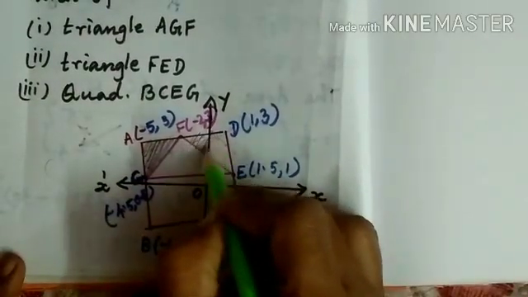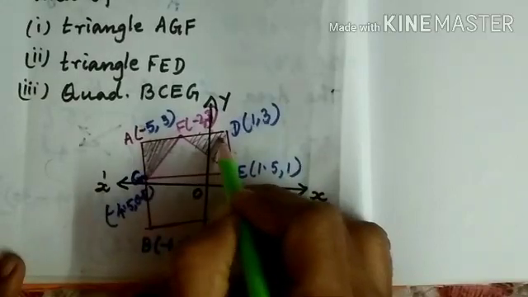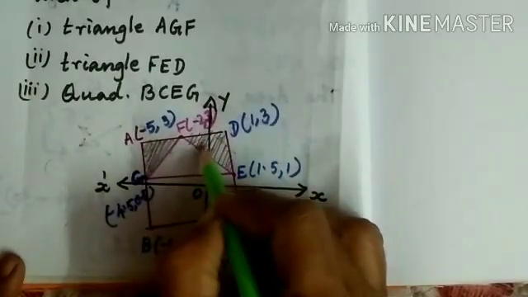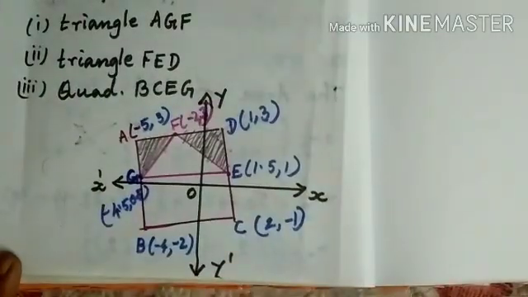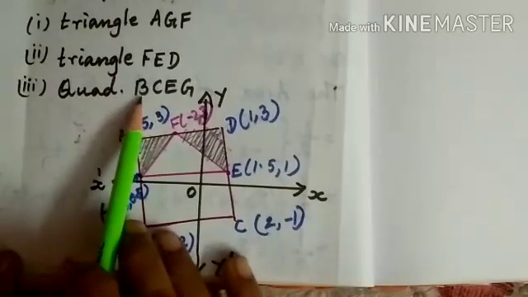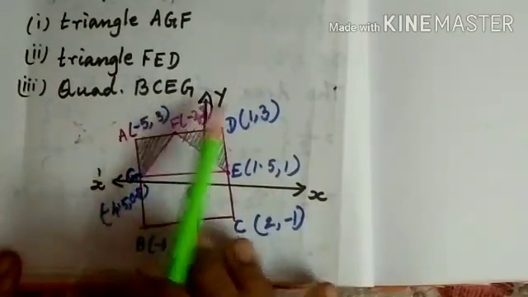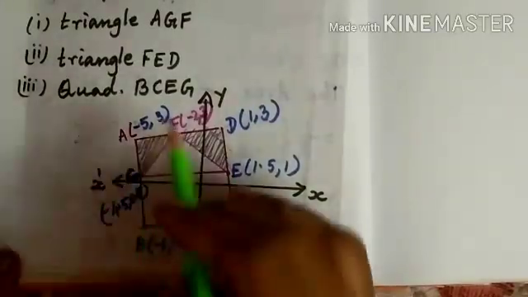Then the last subdivision, find the area of quadrilateral BCEG.